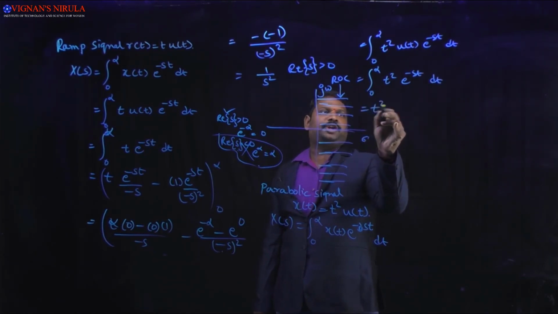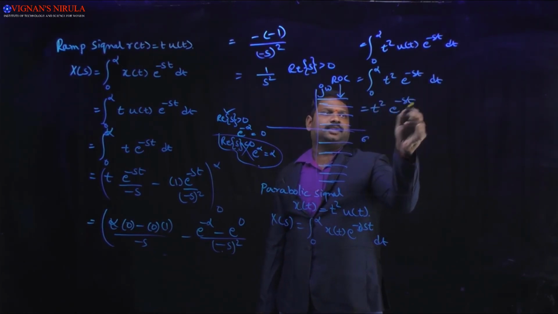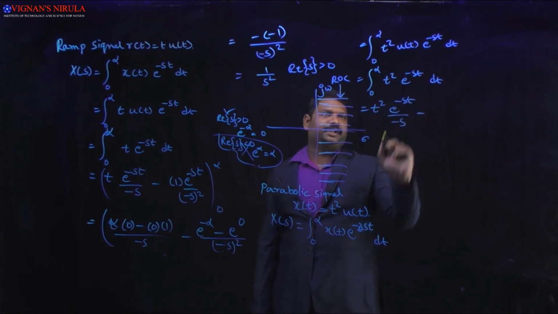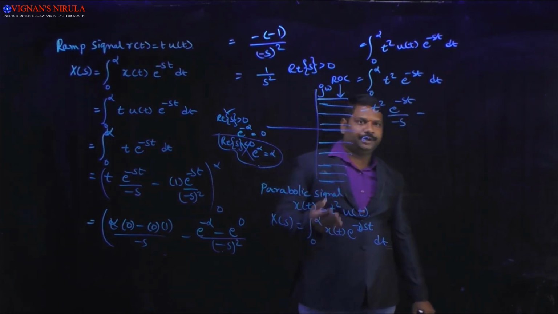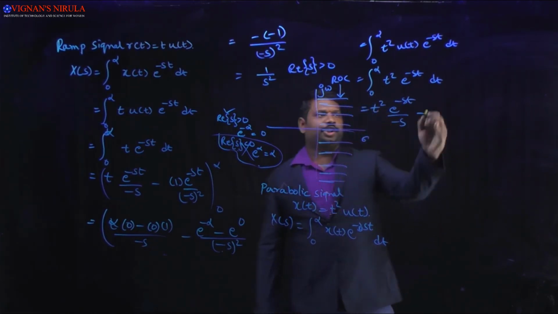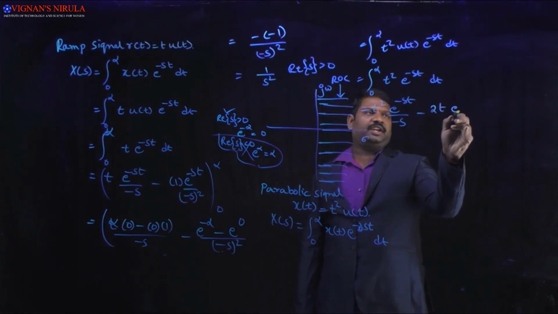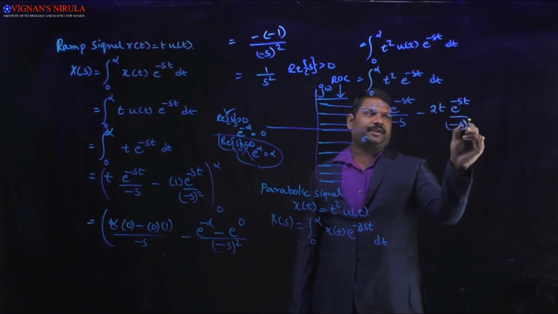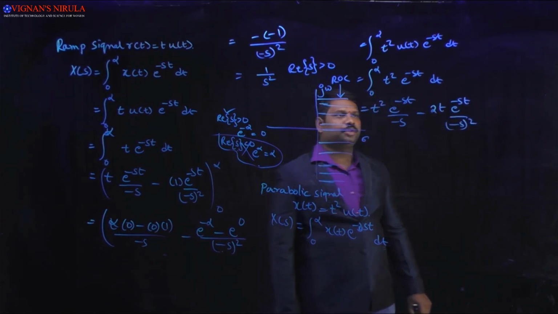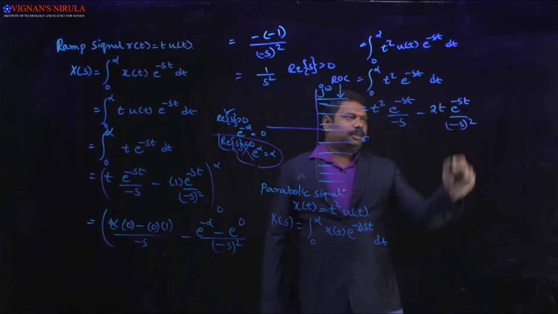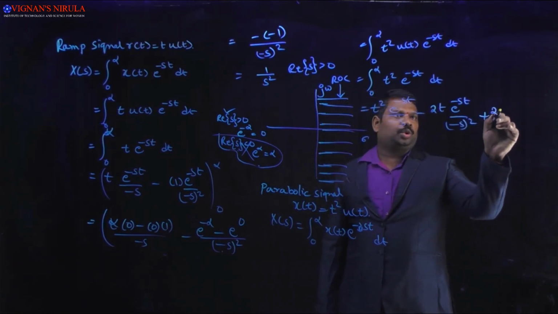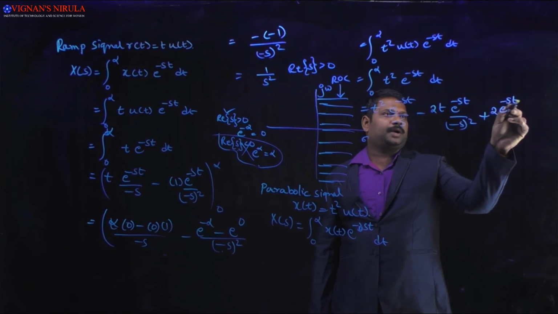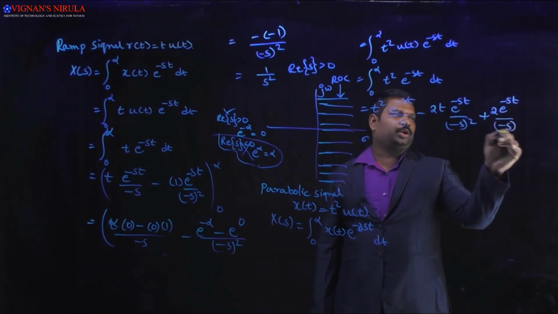Then t square into e power minus st by minus s, minus. Next, take the derivative of t square, which is 2t, times e power minus st by minus s whole square. Again the derivative of 2t, plus 2 e power minus st by minus s whole cube.